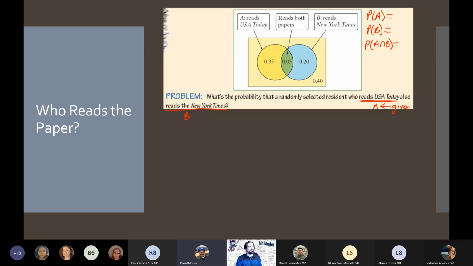All right. So now, I'm going to draw a circle here around the circle that represents event A. That red circle represents everyone who reads USA Today.